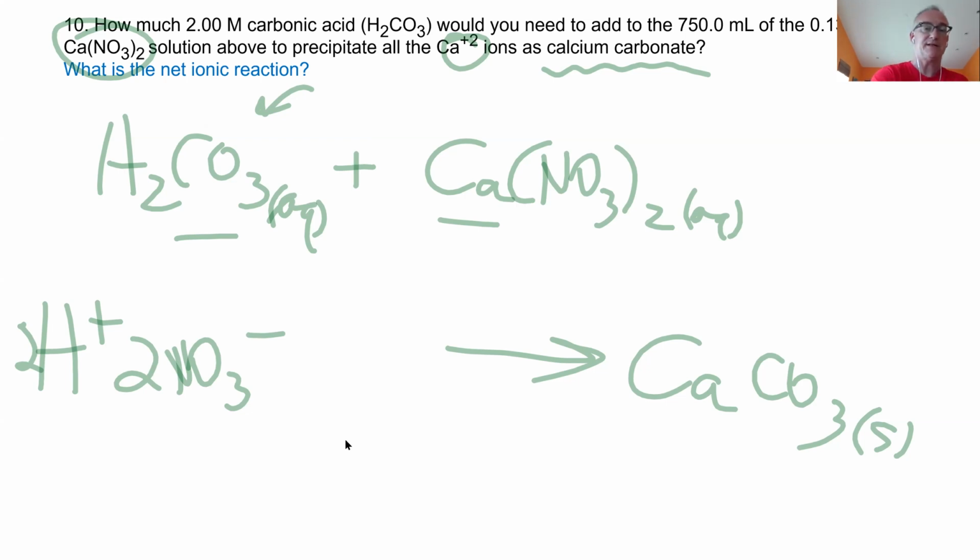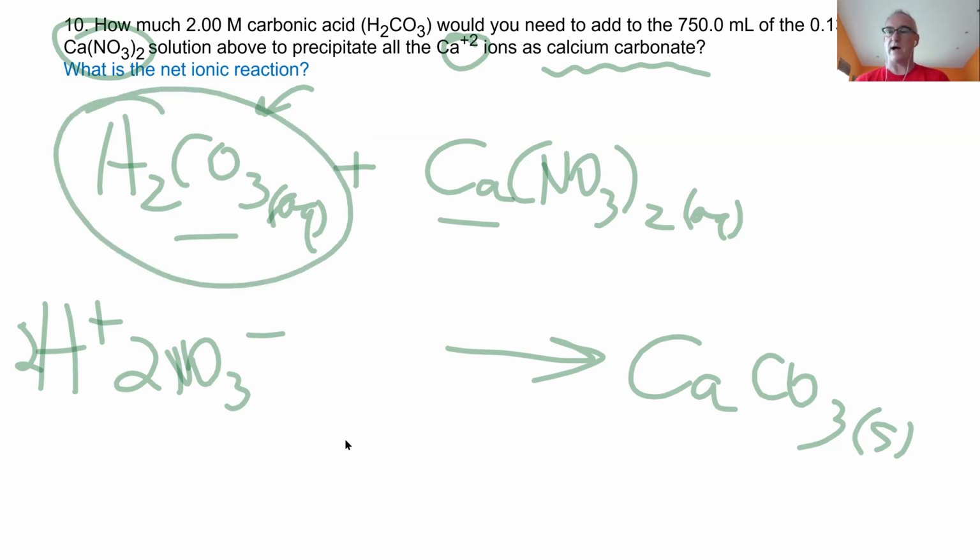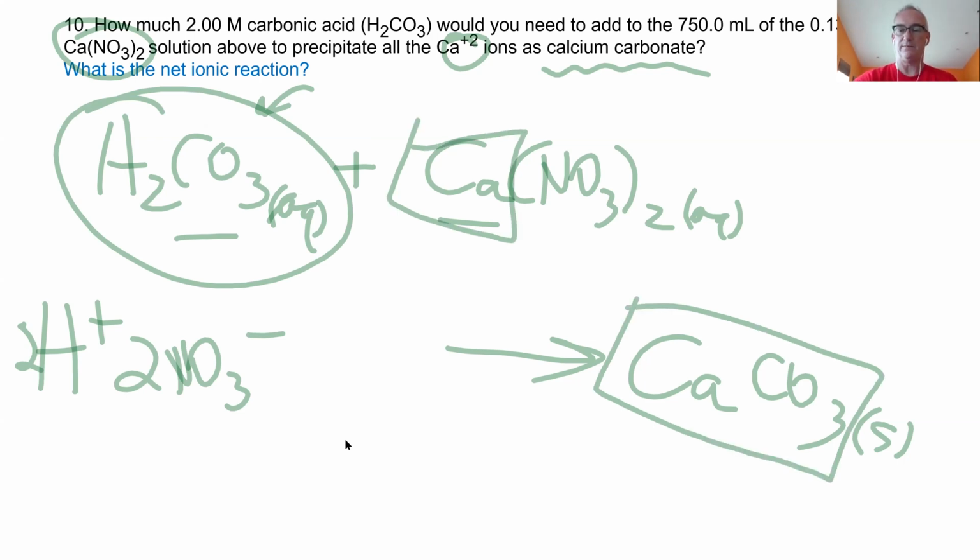How much of this is required to make sure all of the calcium here goes into calcium carbonate and precipitates? So we need to figure out how many moles of calcium there are, and then figure out how many moles of carbonate we're going to need, right?